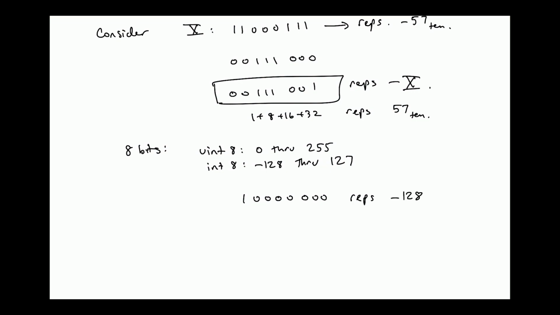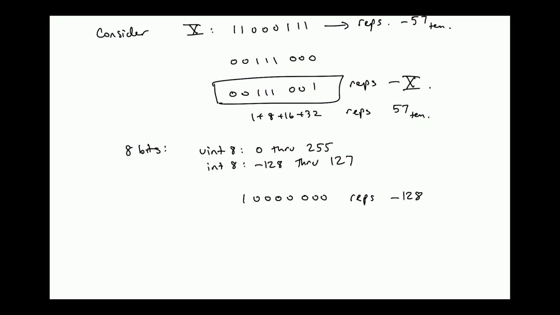Okay, now let me demonstrate why I know that this is correct. I claim that this represents minus 128. What would negative 128 plus negative 128 be? So if I added it to itself, what would I get? Negative 256.